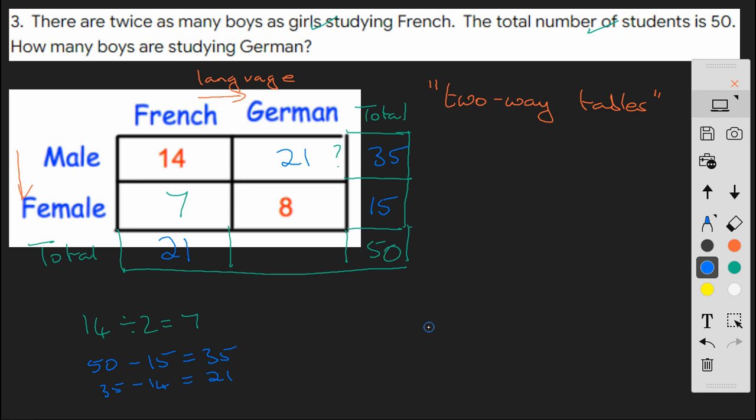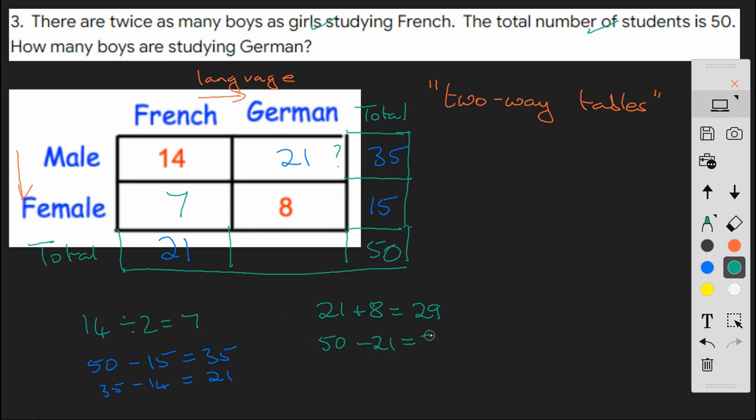Now, you might say stop there because I found the answer I wanted, but I want you to carry on and fill in this final box. And the reason is that we can work this out two ways. We can either work it out this way by adding 21 and 8, which is 29, or we can work it out using a row. 50 take away 21.